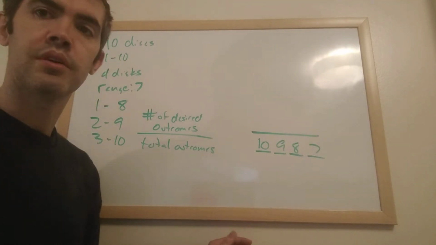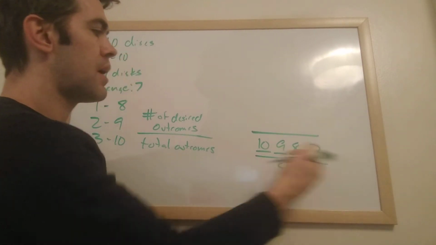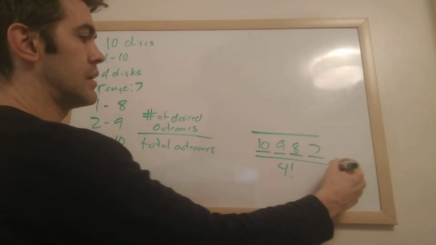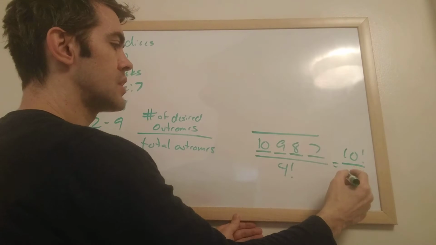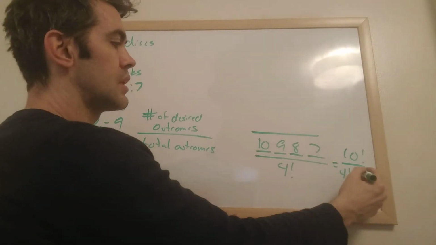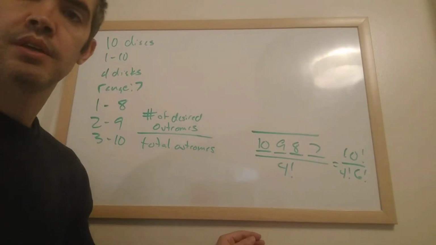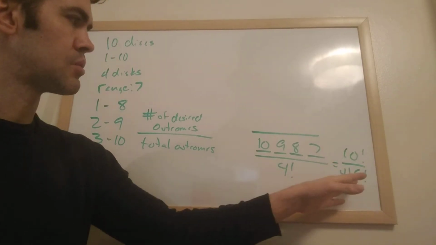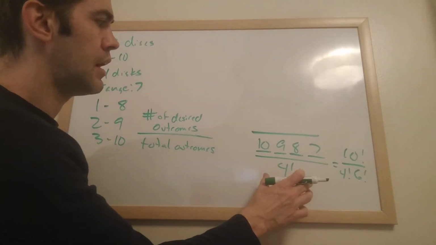And then since order doesn't matter, I need to divide by the number of arrangements possible with 4 disks, which is 4 factorial, okay? Or another way to write this, some people like this more, 10 factorial over the number that you selected, 4 factorial, times the number you didn't select, 6 factorial. You'll see that these 2 actually are the same thing. I personally like this one more because I feel like I know what's happening, but this one's kind of easy to memorize. All right, so anyway, this should be the denominator.